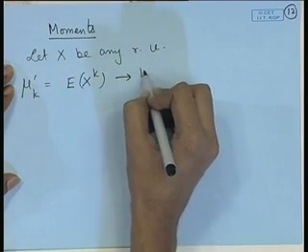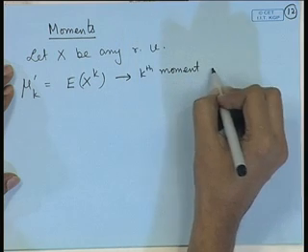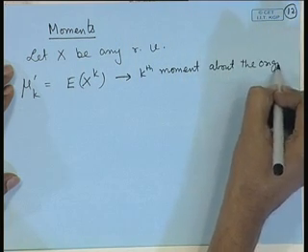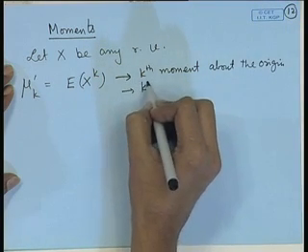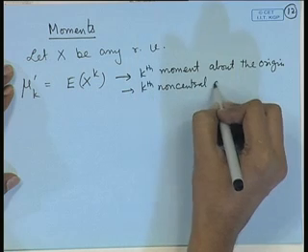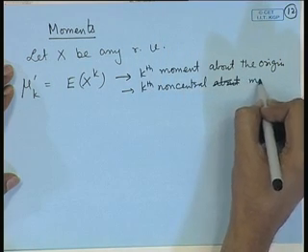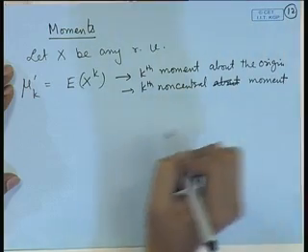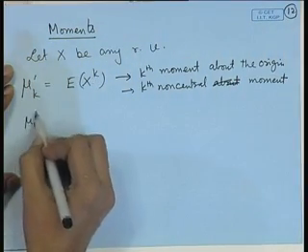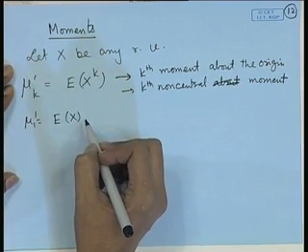This is called the kth moment about the origin, or the kth non-central moment. Observe here that if I put k equal to 1, then mu 1 prime is nothing but the expectation of X, that is the expected value.